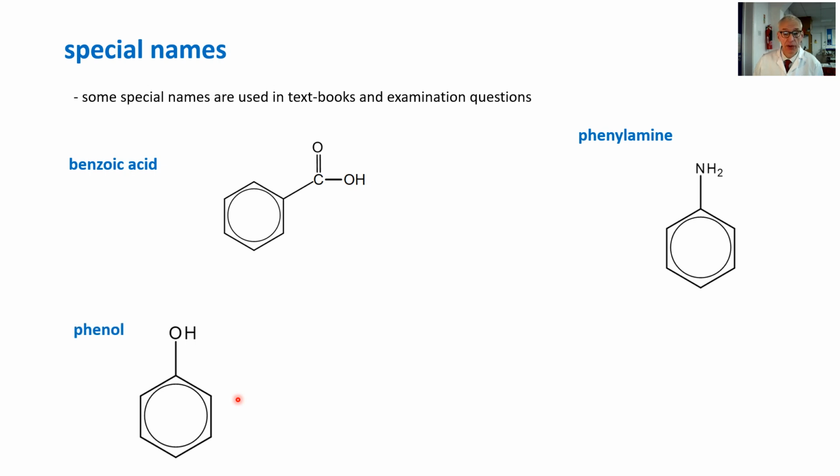Now, I'd just like to remind you that you will also see phenol drawn like that, as you will with the other benzene rings. It pretty much depends on the flexibility of the chemical drawing program that you are using.